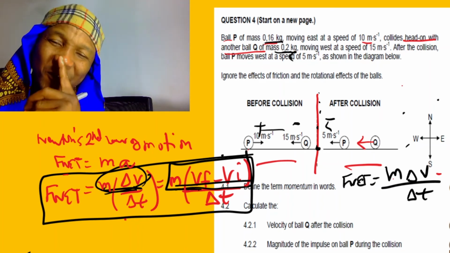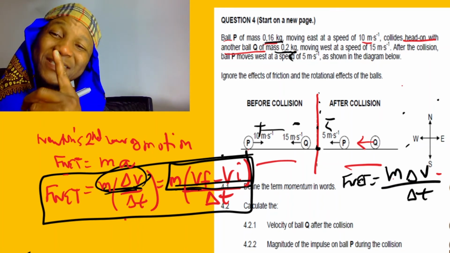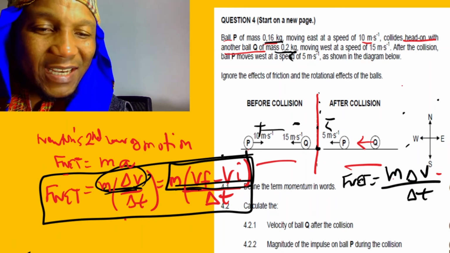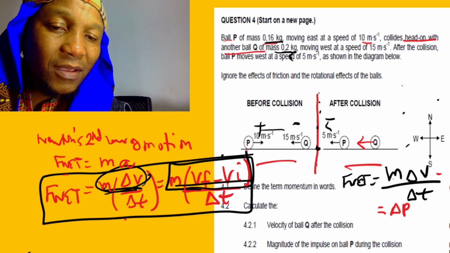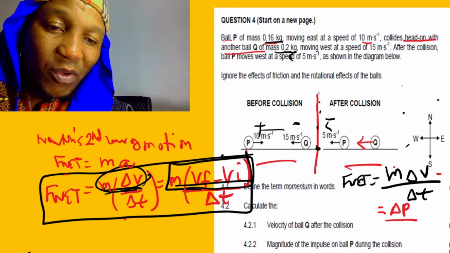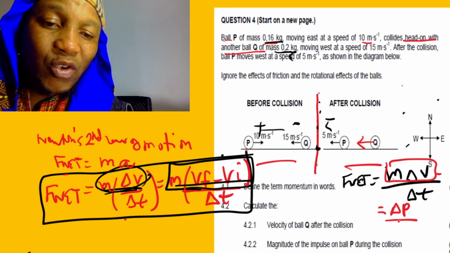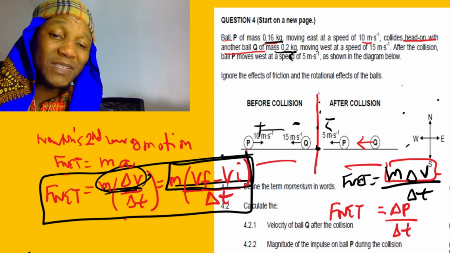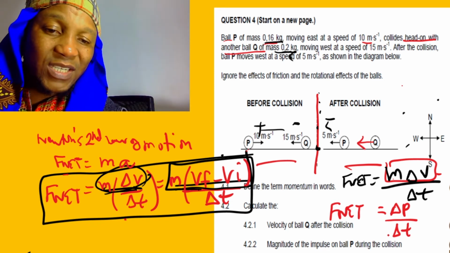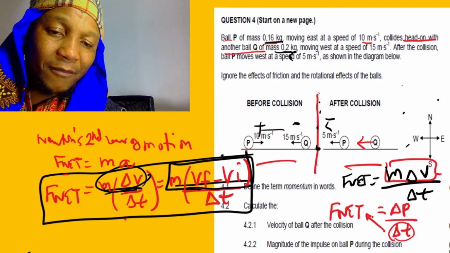Easy play. If you don't, you're going to make mistakes and fail. Now, change in momentum is change in P over change in time, equal to force net. That's how impulse comes. Now let's finalize. Take this change in t and multiply here.